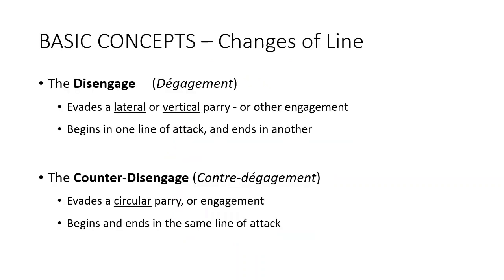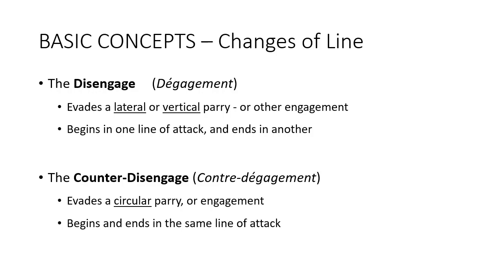Let's look more closely at the various types of changes of line. The disengage, or dégagement, is a movement of your blade which evades a lateral or vertical parry or other attempt at engagement of your blade by your opponent.